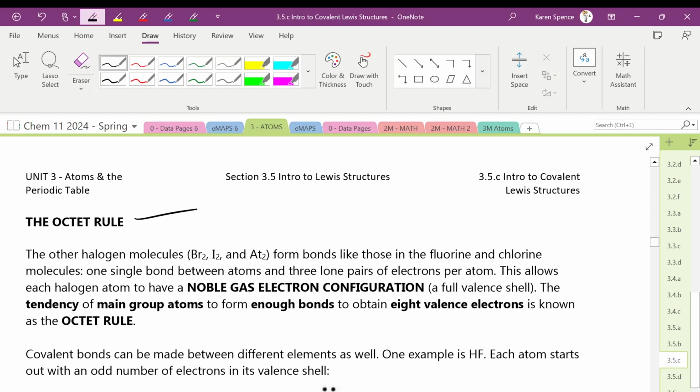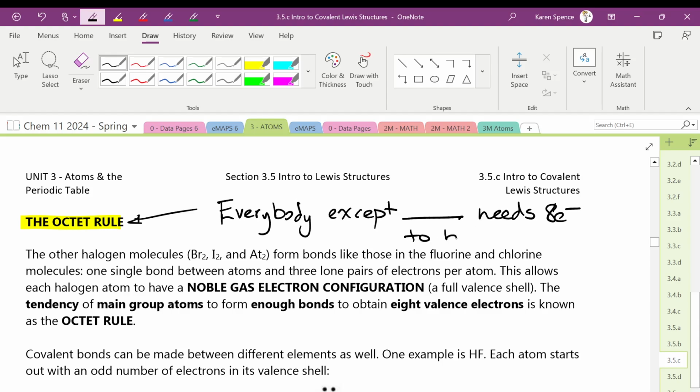So this octet rule, they actually call it the octet rule, is that everybody except who needs 8 electrons to be stable? Who is the exception?